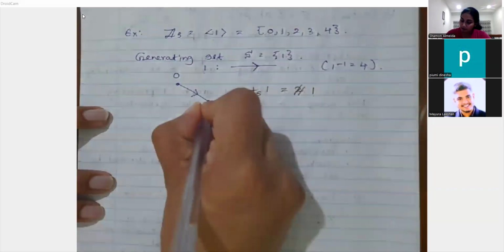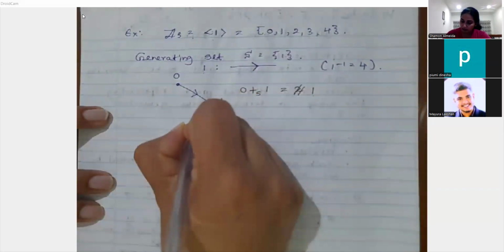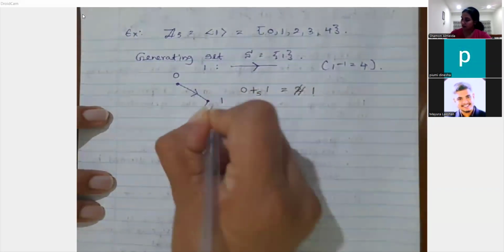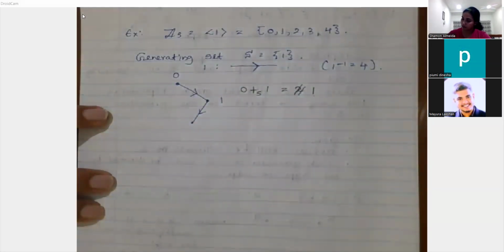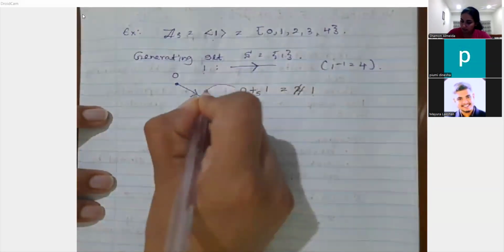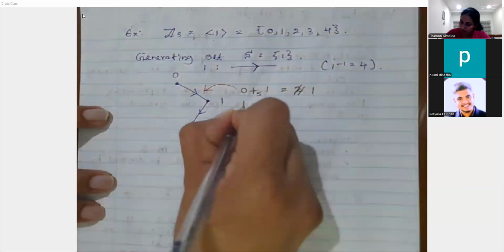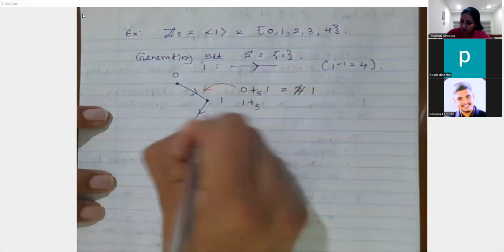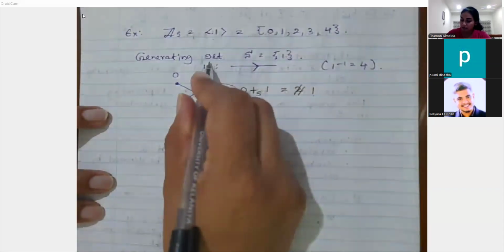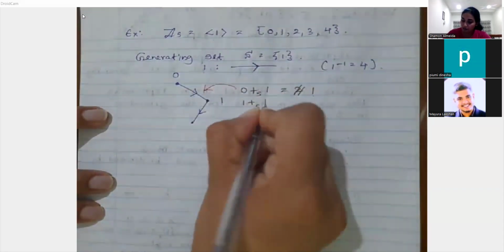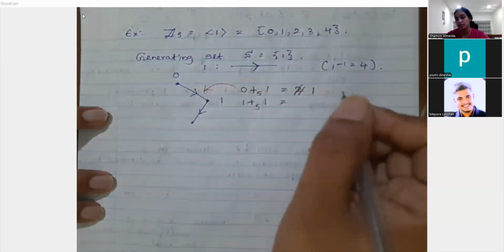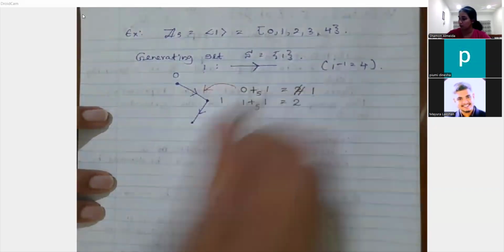Now, from 1, we are starting at 1. To 1, we add 1, since this edge is for the generator 1. 1 plus 1, divide by 5, take the remainder, you have 2.